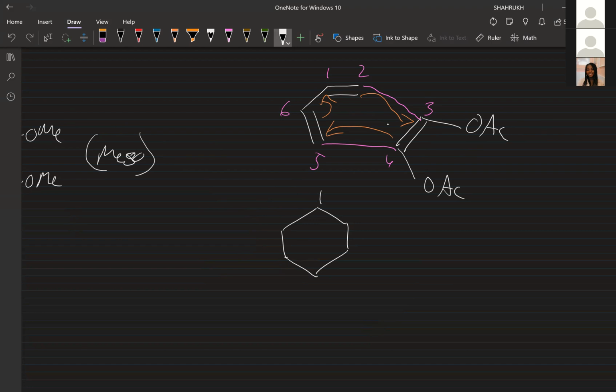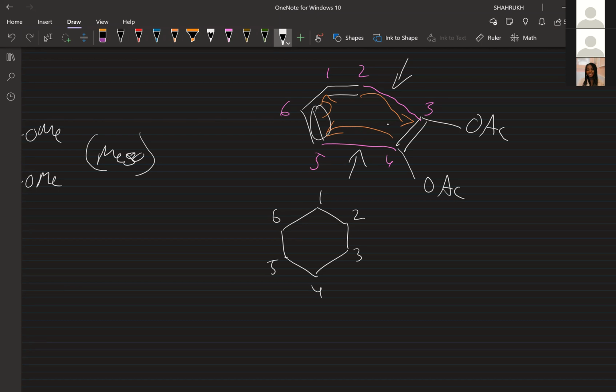So if this was 1, 6, 5, what was this, 2, 3, and 4, right? So the new bond we created was between 2 and 3. Are we clear on that? That was this pink bond here. And then the other bond we created was between 5 and 4. Do we see that bond? Clear. Yeah. So then remember this double bond between 6 and 5, where is it going to be now?